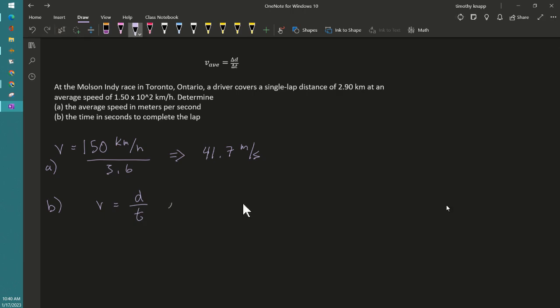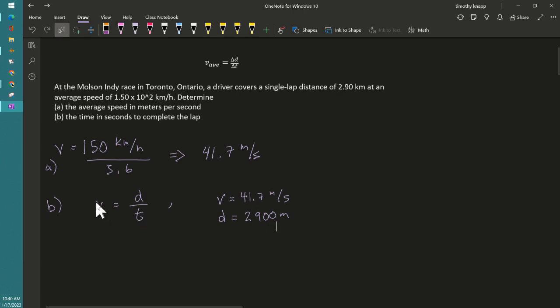It looks like we're given the speed, which is 41.7 meters per second, and we are given the distance traveled, which is 2.9 kilometers. So that's going to be 2,900 meters. Again, we want to put that into meters, and we want to solve for time.